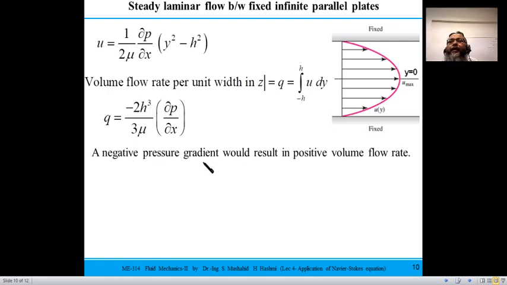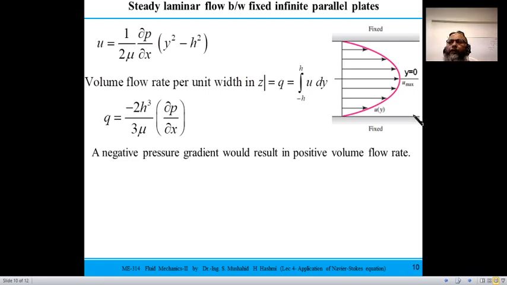As you know, a negative pressure gradient would result in a positive volume flow because of the negative sign here. It means the pressure change in the x direction is negative, meaning you have a higher pressure on the upstream side and a low pressure on the downstream side. So the higher pressure on the upstream forces the fluid to move.